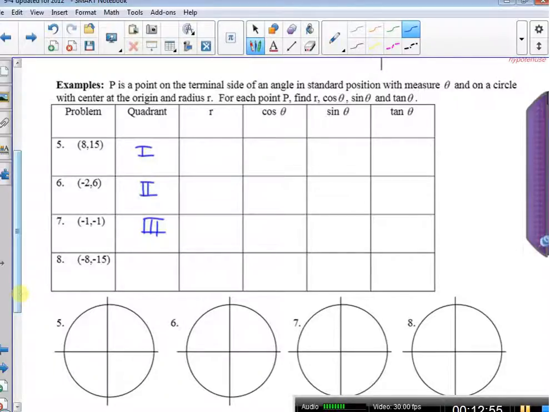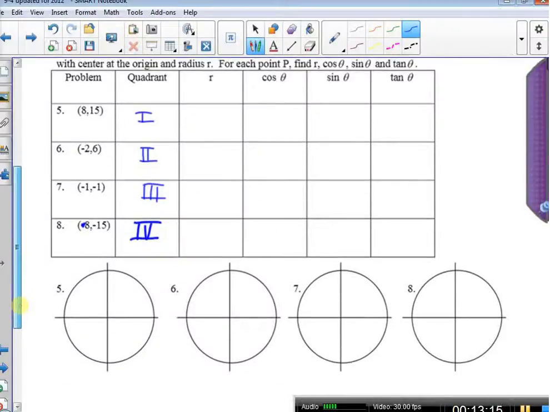I think this is supposed to be positive here, so it's supposed to be positive 8. Okay, so (8, -15), so that we can have one in quadrant 4. So in quadrant 1 then, now I'm going to go over 8 and up 15.